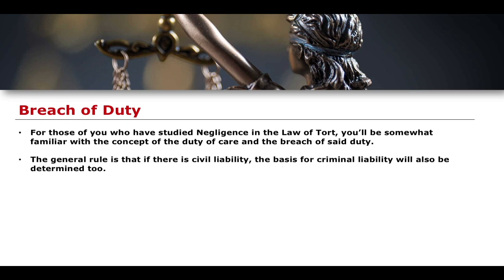Now, the general rule when it comes to civil liability is that if there is civil liability, the basis for criminal liability could also be determined. So, for example, if you can show a duty of care and a breach of that duty in relation to civil liability, then this could form the basis of criminal liability, depending on two factors.